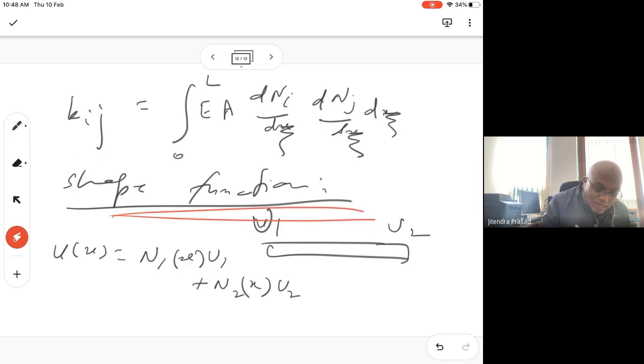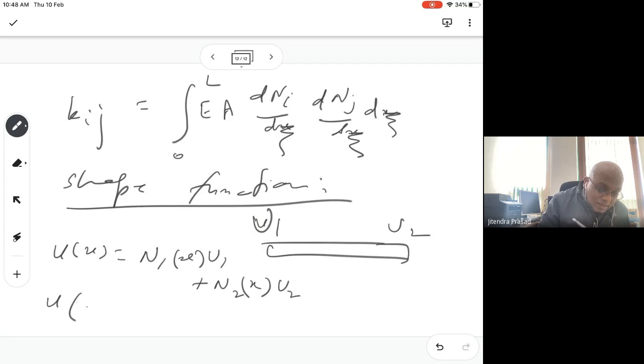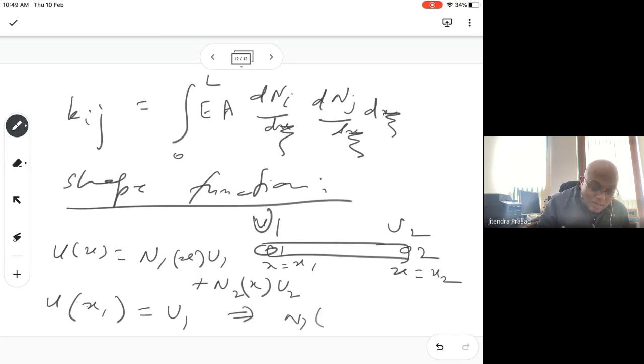We are looking at the different aspect, and you know that u(x1) means x equal to x1, x equal to x2. So node 1 is at x equal to x1, node 2 at x equal to x2, let us say. So u(x1) has to be equal to u1. It is possible only when N1(x1) equal to 1 and N2(x1) equal to 0.